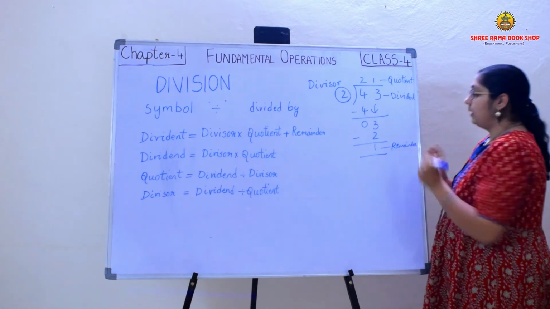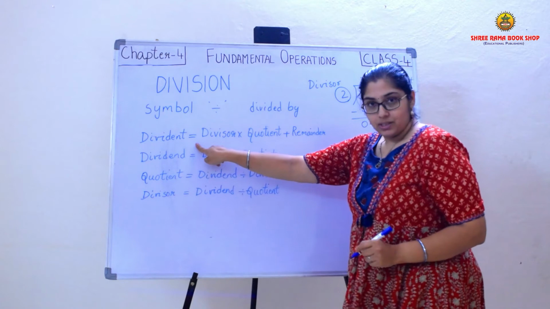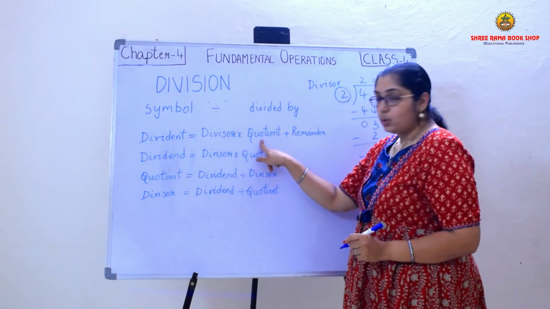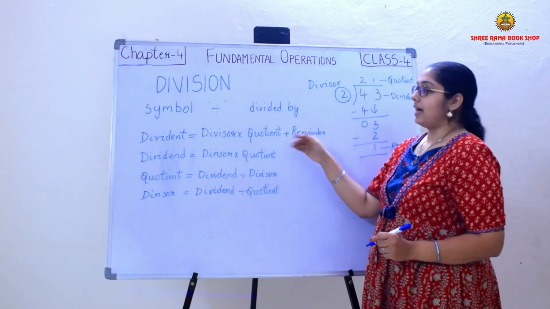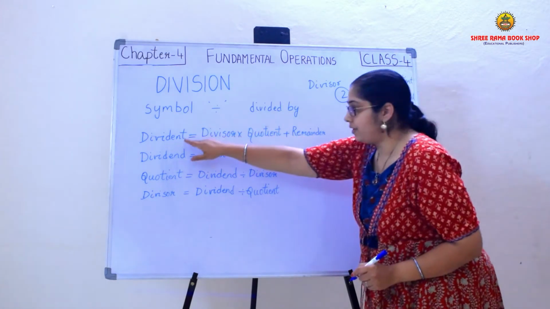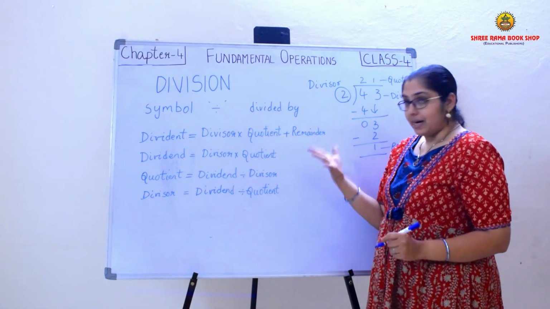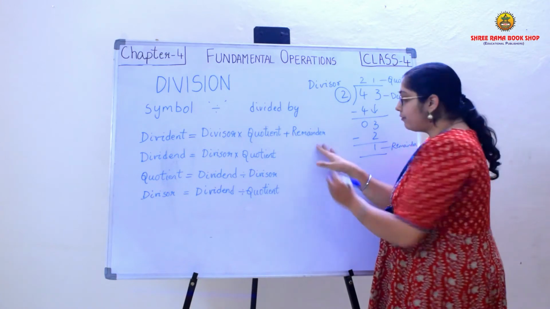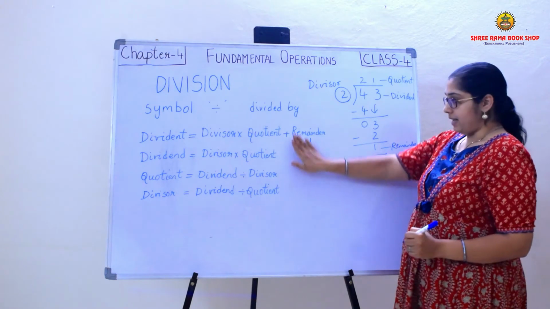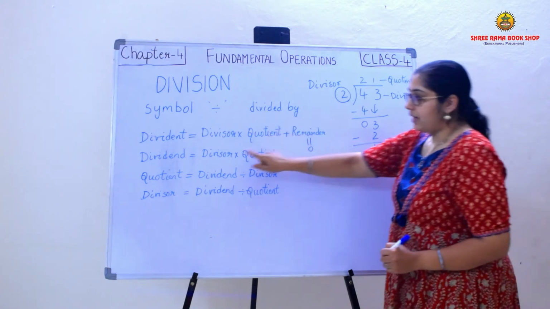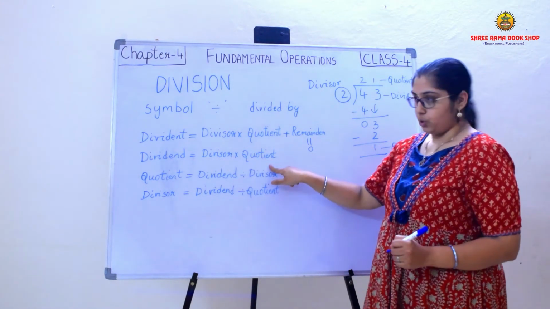Now from this we can say that dividend is equal to divisor into quotient plus remainder. If I have a remainder, I will be using this statement. But if the remainder is equal to 0, then there is no need of adding, right? Then I use this statement: dividend is equal to divisor into quotient.